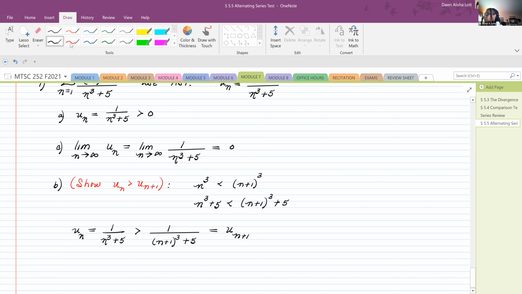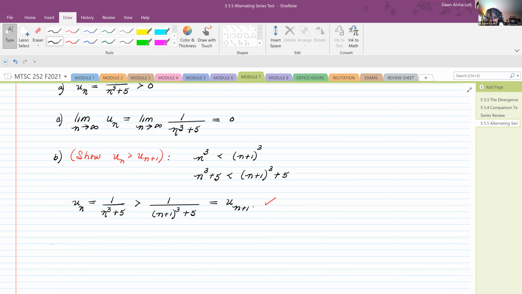So we showed it. Okay. So by the alternating series test, the sum n equals 1 to infinity of -1 to the n over n cubed plus 5 converges.